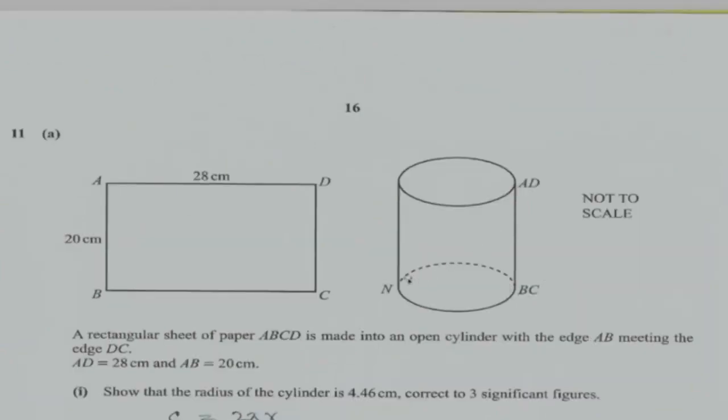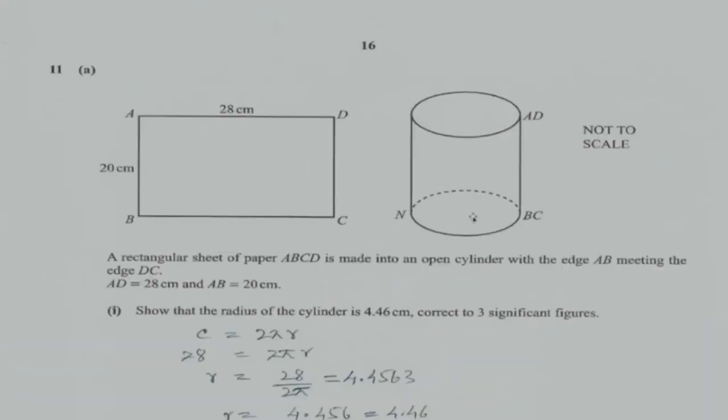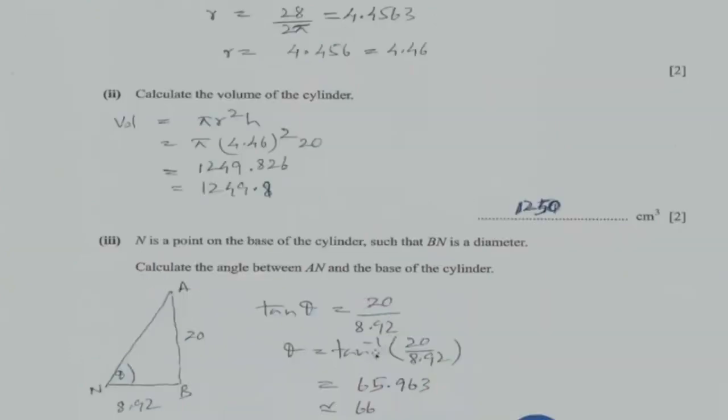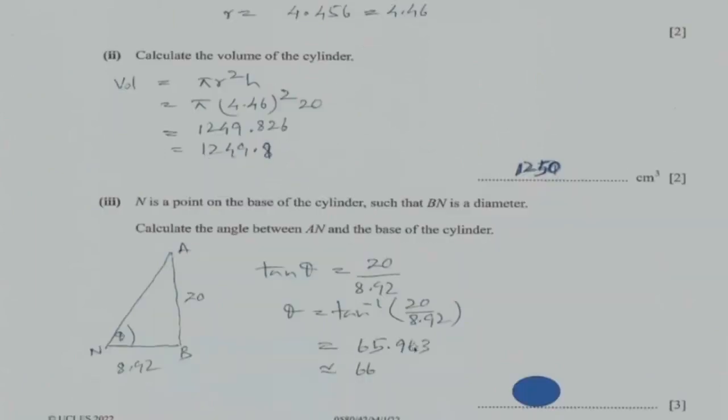We can find the angle: tan theta equals 20 over 8.92. So theta equals tan inverse of 20 over 8.92. From the calculator we get approximately 66. So theta is 66.